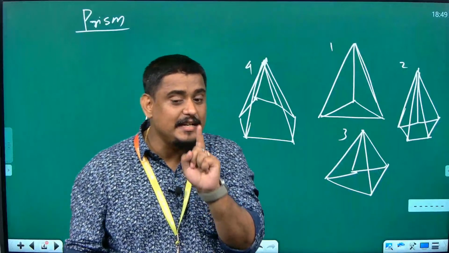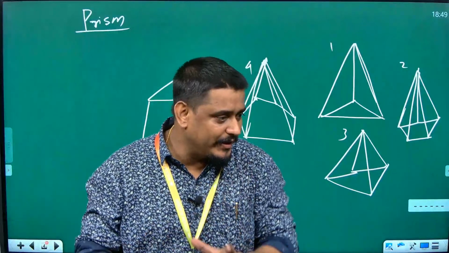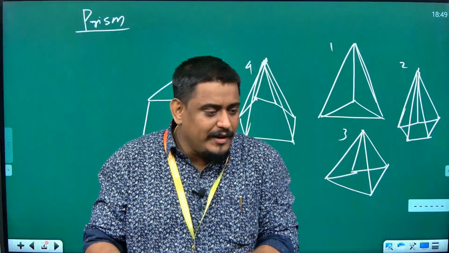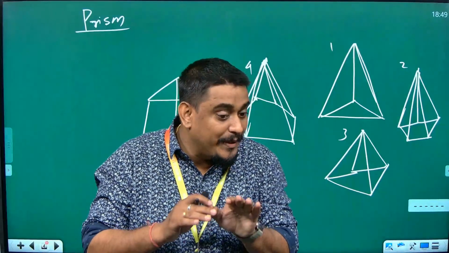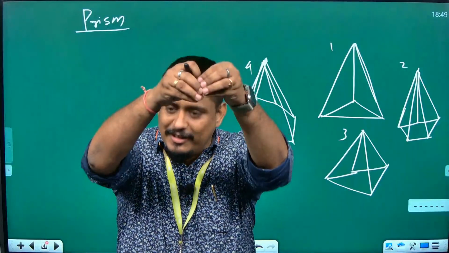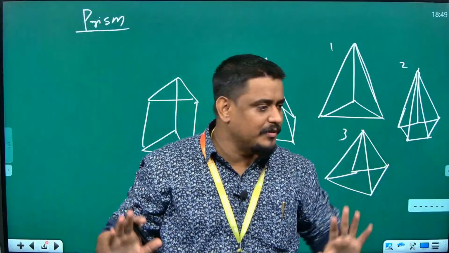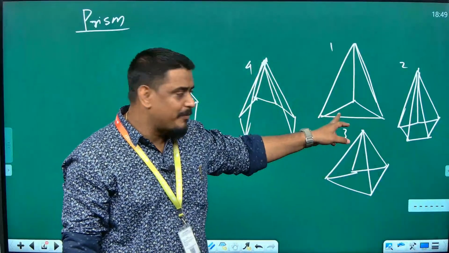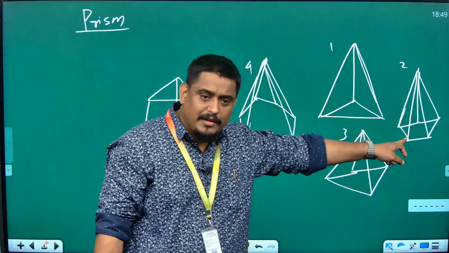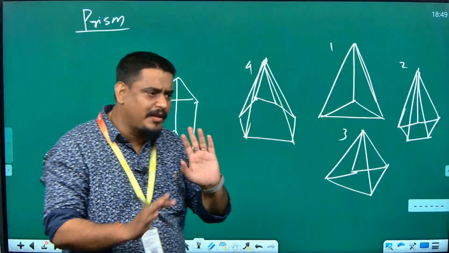It's a 3D shape where if you take all the points of the vertices of the base and everything is converging at a single point, it becomes a pyramid. This is a triangular pyramid, it is a rectangular pyramid, a pentagonal pyramid, a hexagonal pyramid, it can be anything.